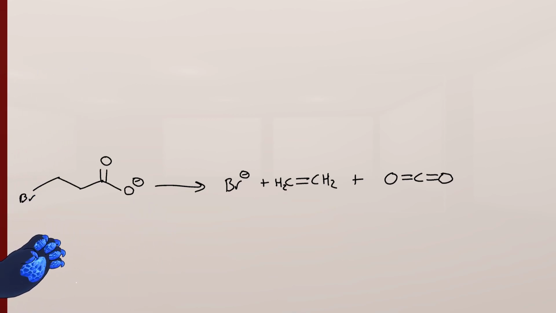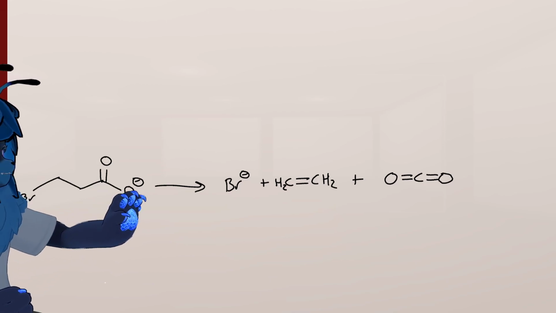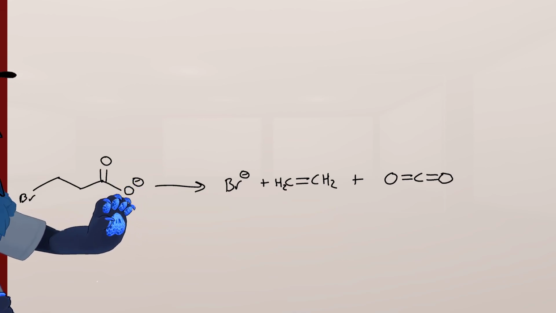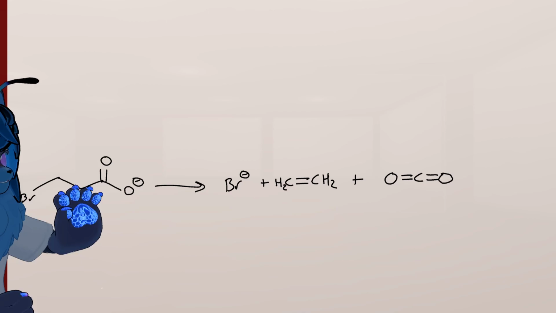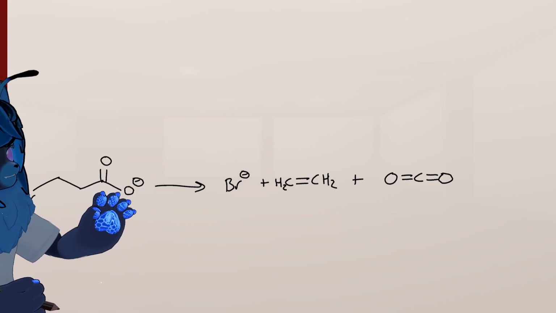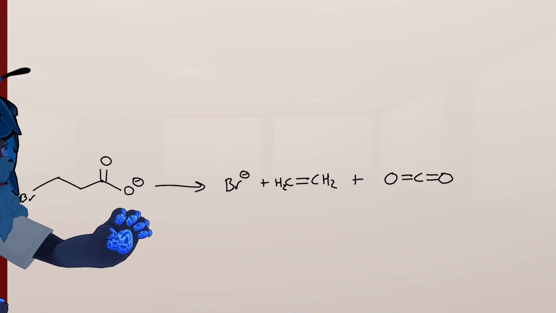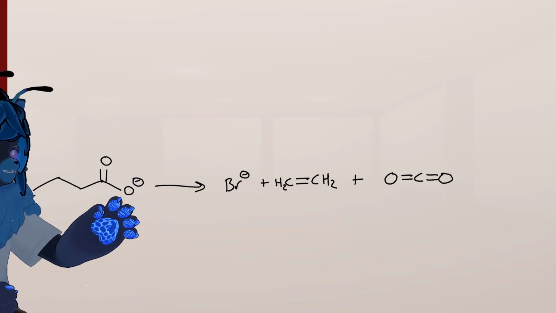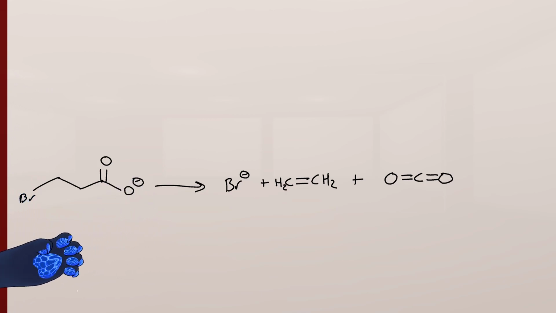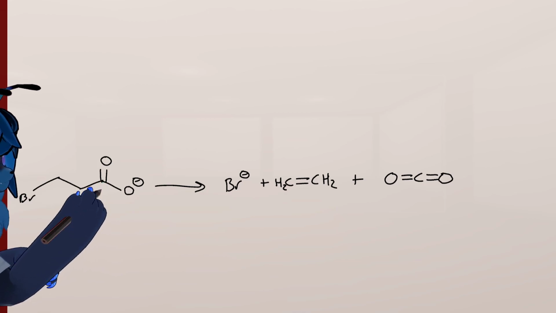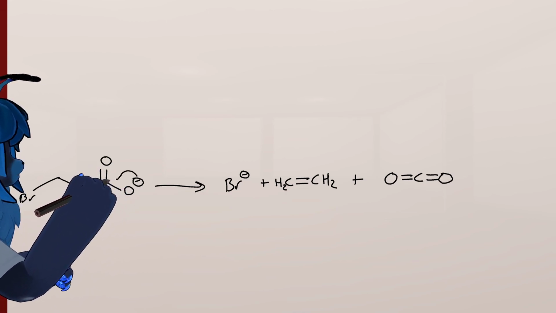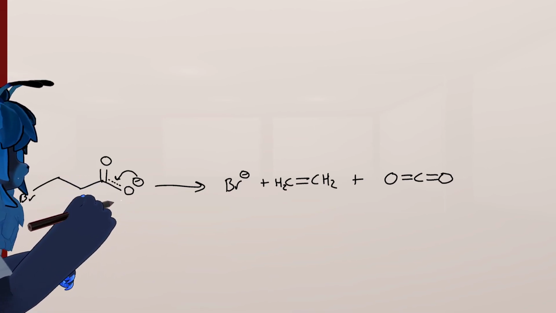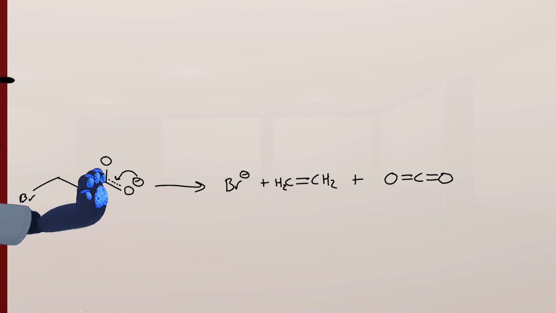The first thing that we're going to look at is that we have a negative charge here. So this is probably where it's going to start, right? Oxygen doesn't like being negative, so these lone pairs are going to find somewhere to go. One of our products is carbon dioxide. So the C double bond to O 2 times. We have this C right here. So if this lone pair were to make a bond, I'll draw the bond forming as a dotted line.